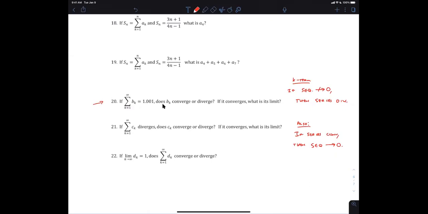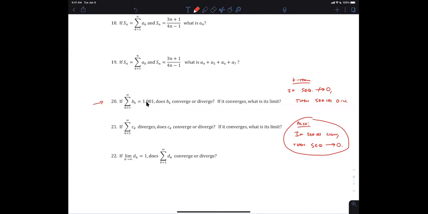What I'm saying is also equivalent to the k-term test. Logically, it's equivalent. So the k-term test says if the sequence does not go to 0, then the series must diverge. But that means if the series converges, if the series does not diverge, then the sequence has to go to 0, because if it did not, then the series would have diverged. So here they're telling you the series goes to 1.001, and it doesn't matter that that's bigger than 1.